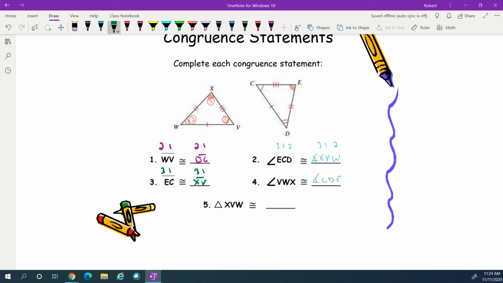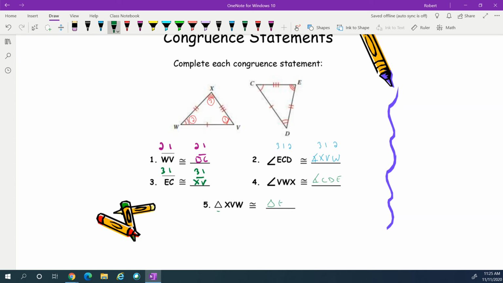And finally, for the whole triangle, we compared 2 sides, we compared 2 angles. Now we're going to compare the entire triangle and say the triangles are congruent. They started it with XVW. Look at our pattern, XVW, and we're going to mimic that. So triangle to triangle, XVW.